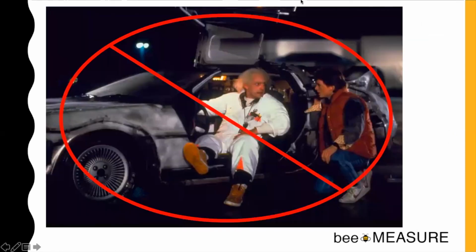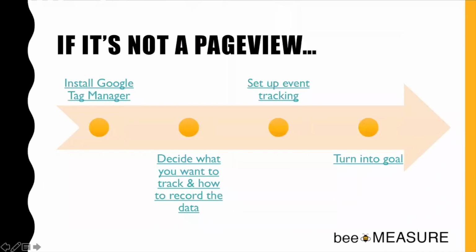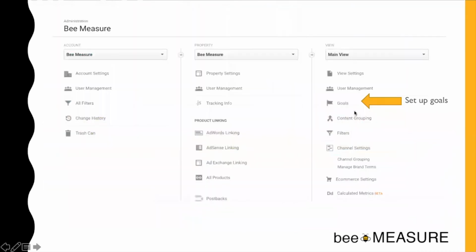And the one caveat here is that, just like everything else in the admin section that we talked about, the goals do not have a time machine. So definitely think ahead of time. I always encourage experimentation, except in this particular situation.